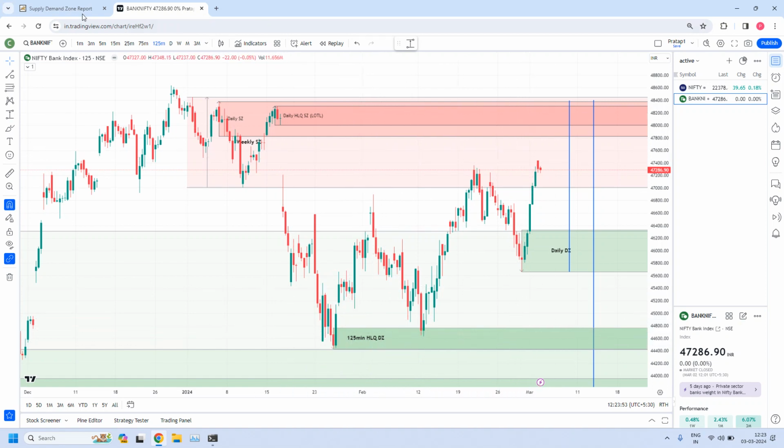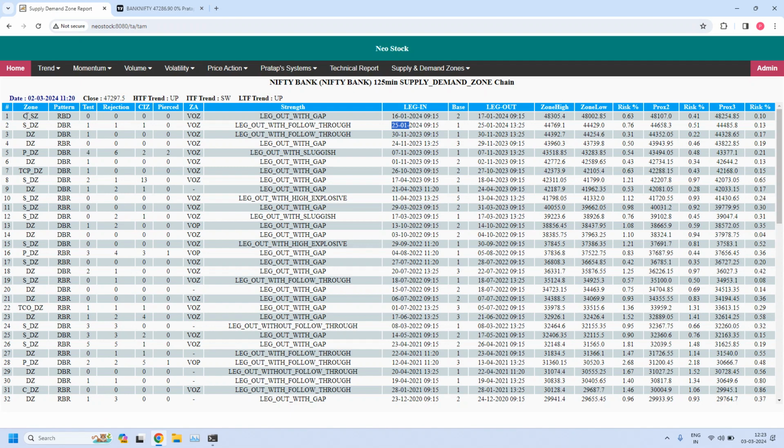Then what about the 125 minutes high liquidity supply zone? This is on 16th January, 9:15, two base candles.